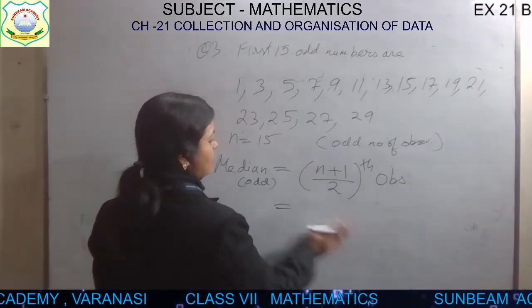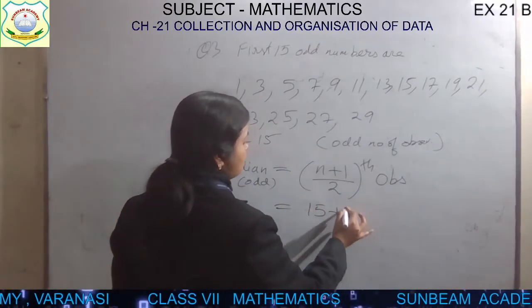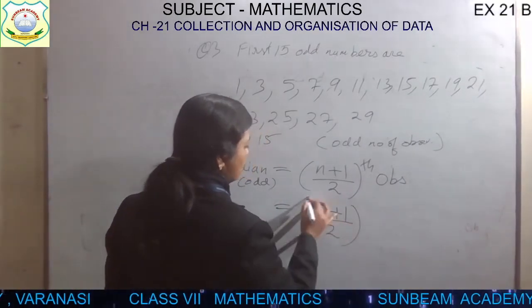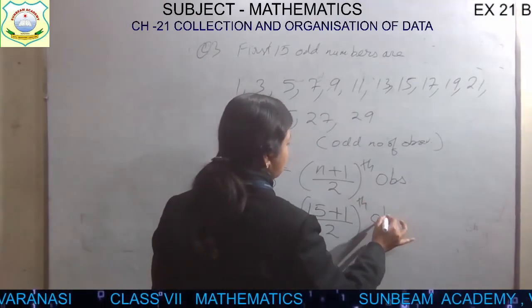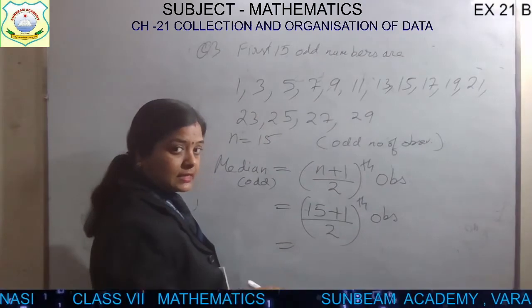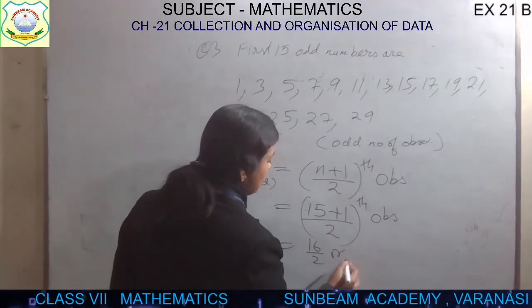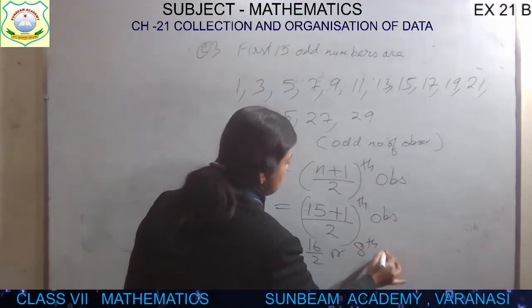So what is n? n is 15. उसमें plus 1 करके divide by 2. 15 plus 1 is 16, and 16 by 2 is 8th observation.